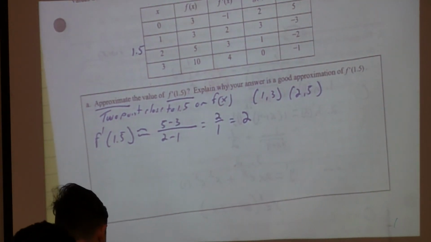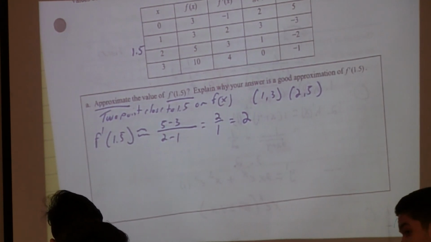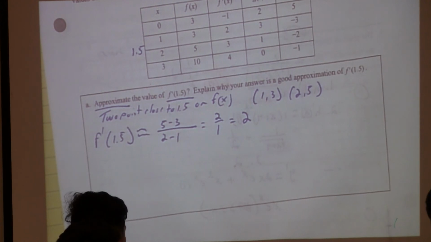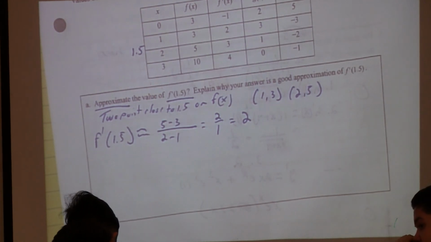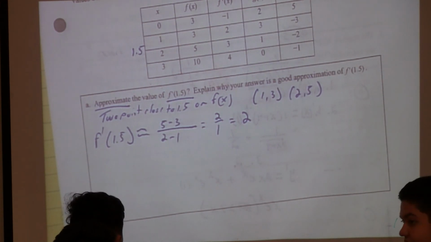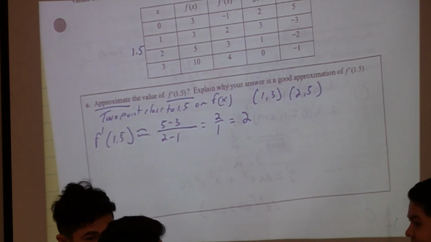Explain why your answer is a good approximation. Why would this be a good approximation? This would be a good approximation because the points x equals 1 and x equals 2 are close to x equals 1.5, right? I'm not gonna write that down, but you can write it. But that's the reason, okay?